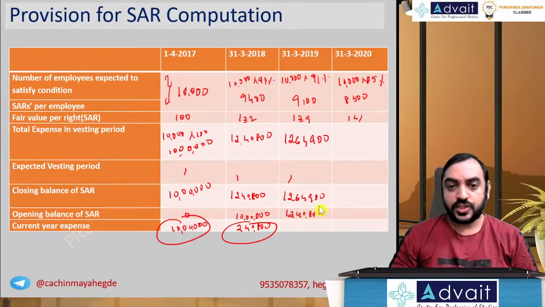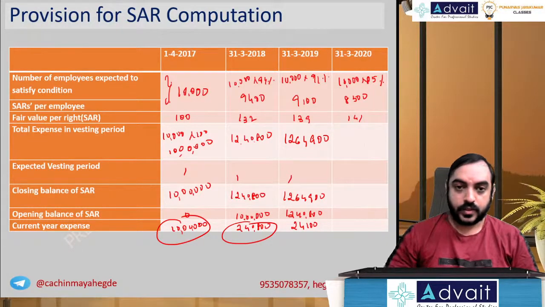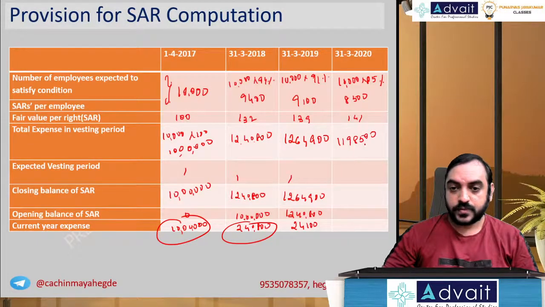Accounting estimate change 24,100. Then this 8,500 into 141 is 11 lakh 98,500. Expense against 1 year. Then the closing balance is the same, 11 lakh 98,500.